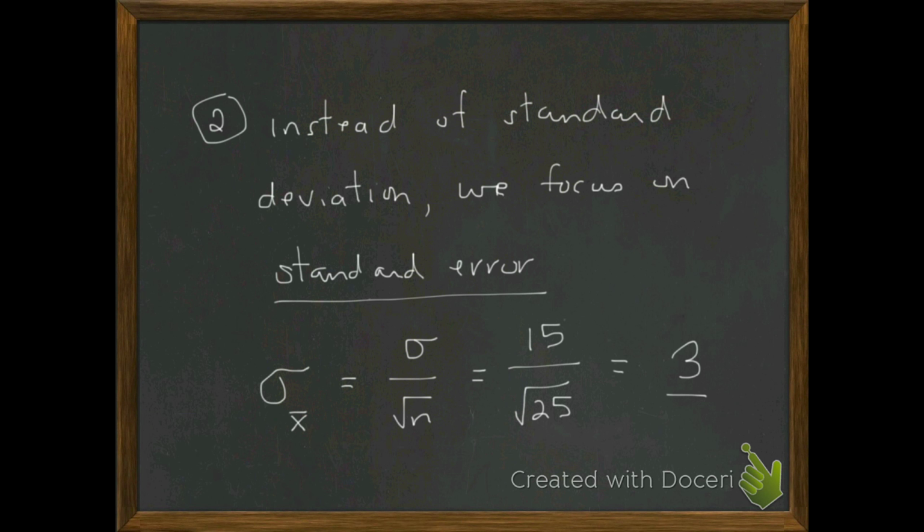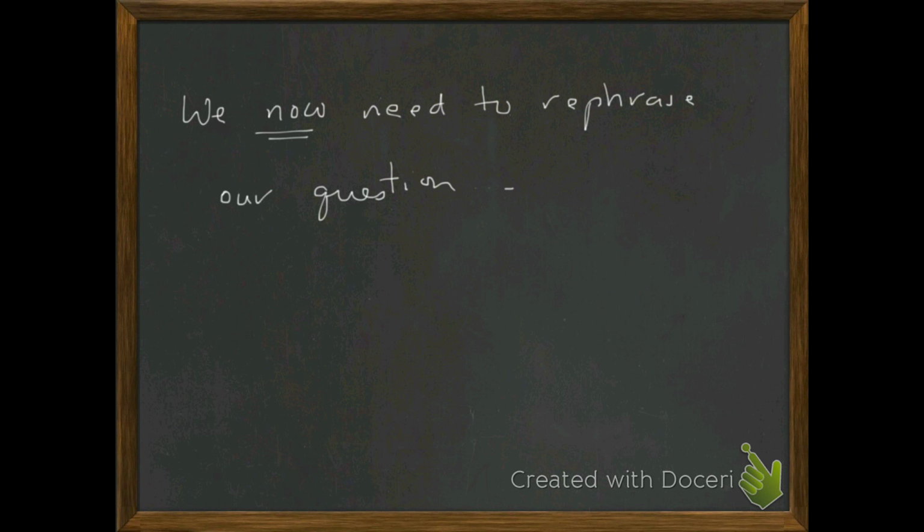Now, we need to rephrase our question. Because our question deals with, if we take 25 IQ scores at a time, where did it most likely come from?